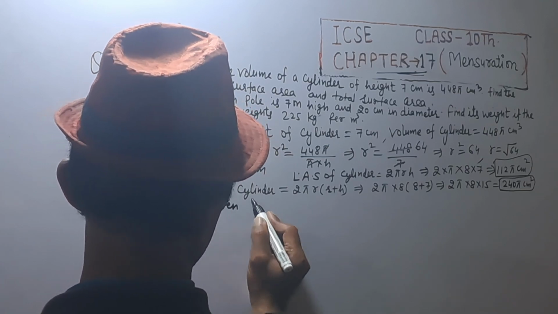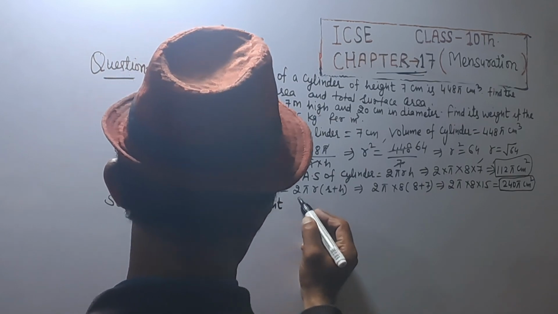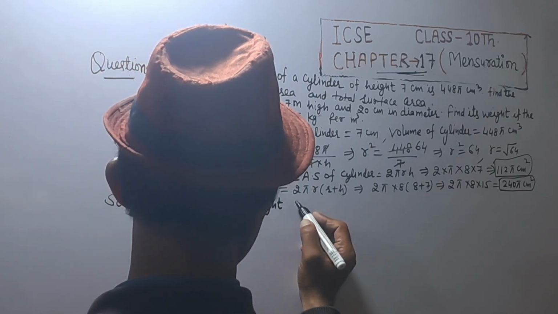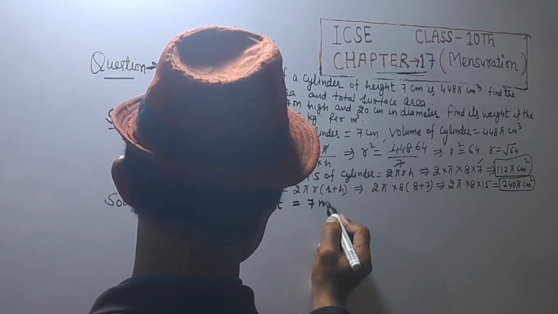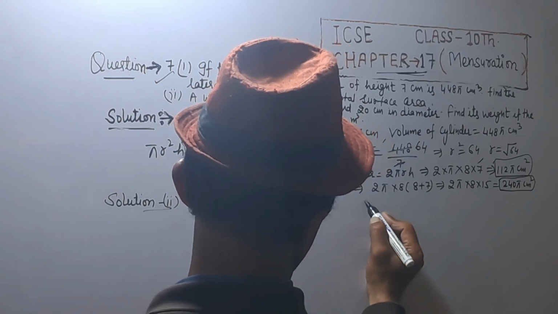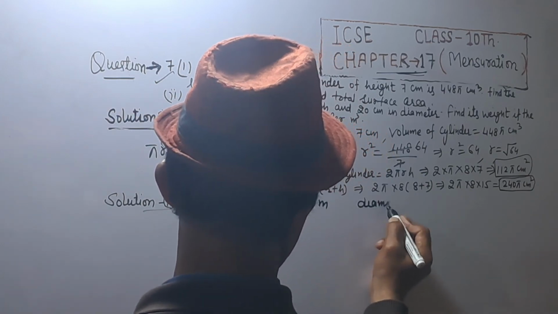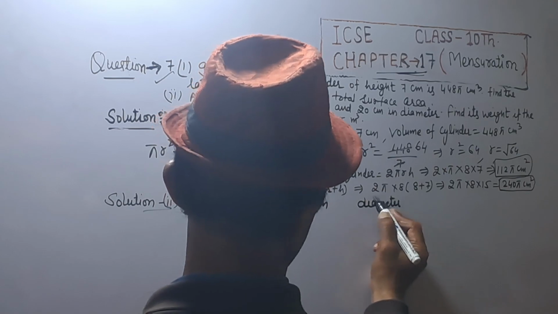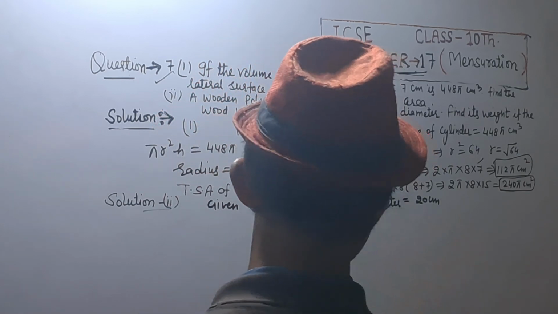Given height is equal to 7 meter and diameter is equal to 20 centimeter.